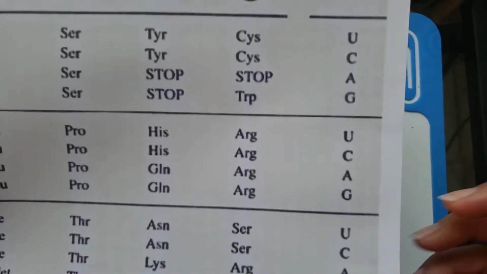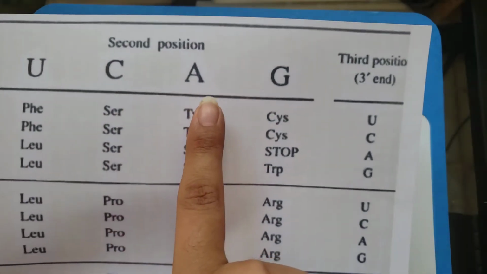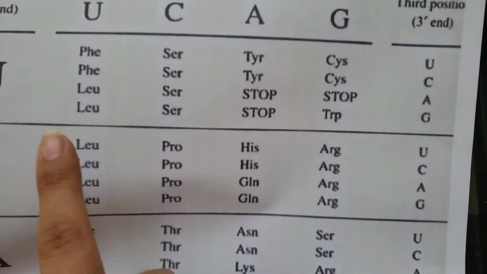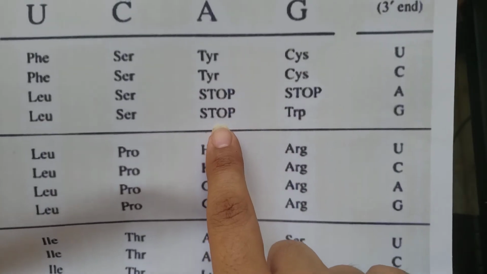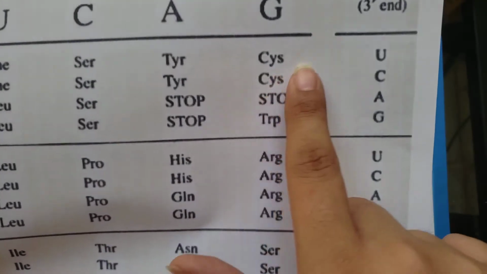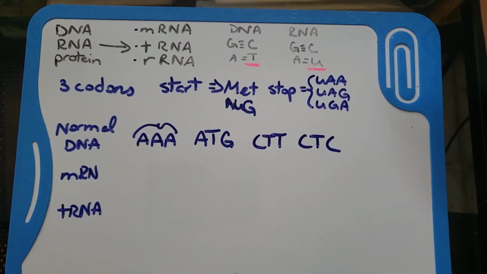For the stop codons, it would be a U, an A, and then another A. The other one would be a U, an A, and a G. And then the last one would be a U, a G, and an A. So those are the 3 that I have written right there. Start codon tells you when to start. Stop codon basically tells you enough is enough, this is the end of the protein.